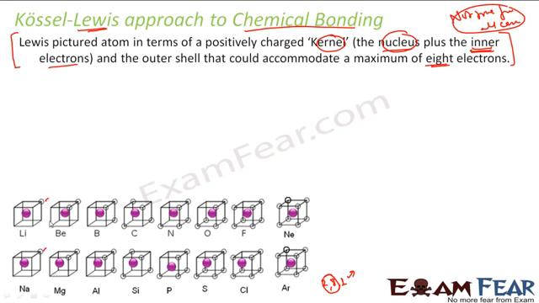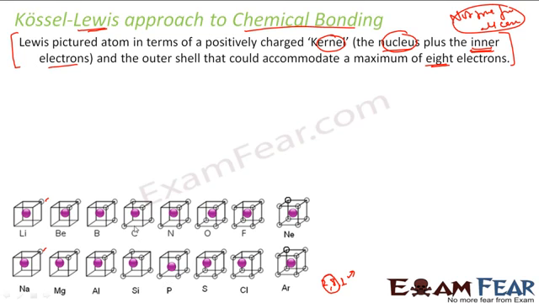Correct? So beryllium has 2 outermost electrons. Magnesium also has 2 outermost electrons. So the kernel in the case of magnesium is the magnesium nucleus plus the inner electrons. Thus, lithium and sodium look the same. Beryllium and magnesium look the same. Boron and aluminum look the same in the Lewis approach. Carbon and silicon also look the same.